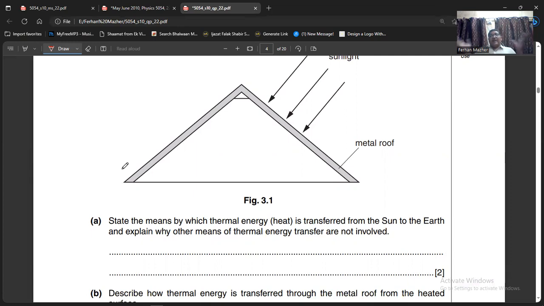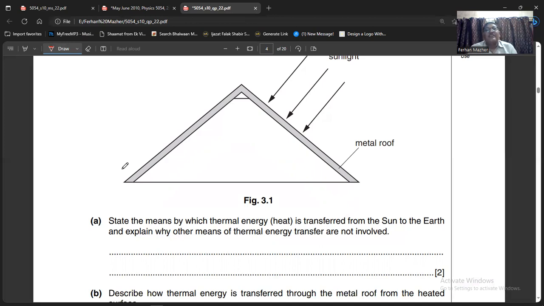You see, thermal energy is transferred by 3 methods: conduction, convection, and radiation. Conduction and convection, both these methods of transfer of heat, require a medium. And because between the sun and the earth there is vacuum, there is no medium, so by the process of conduction and convection, the heat cannot be transferred from the sun to the earth.